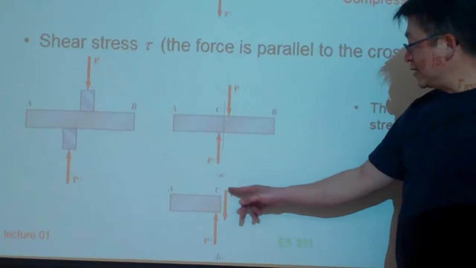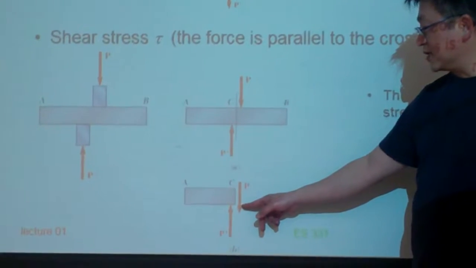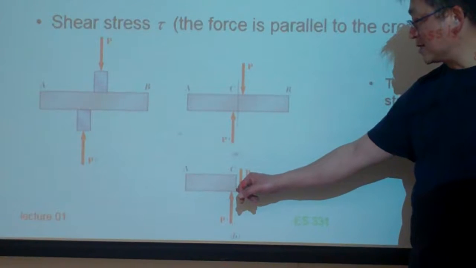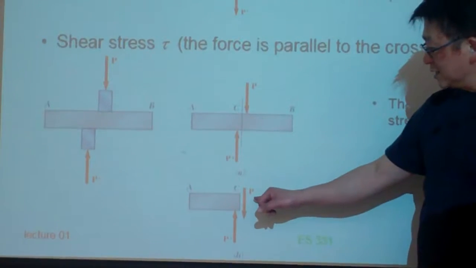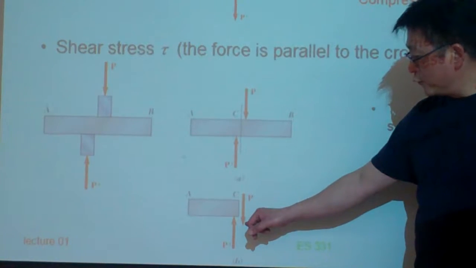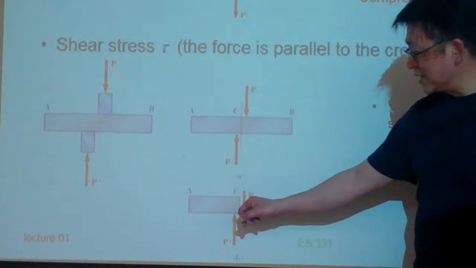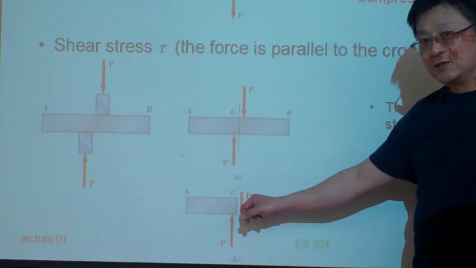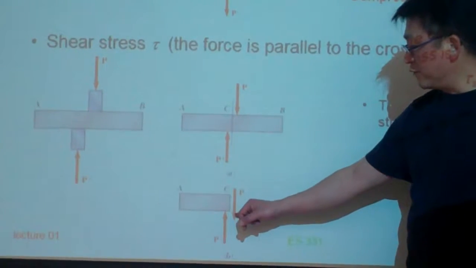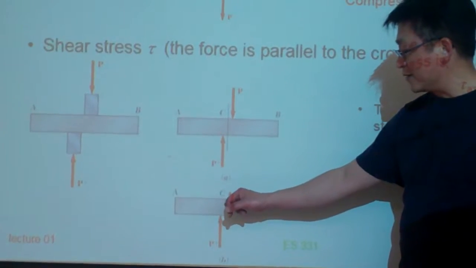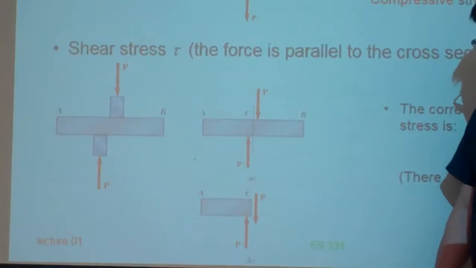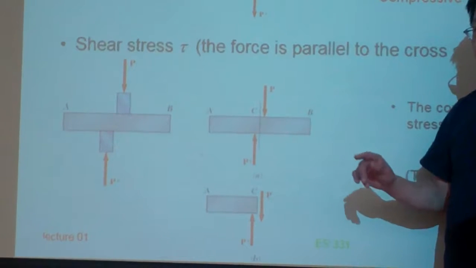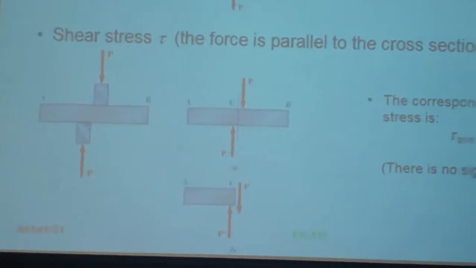So this is the induced reaction force in this cross section. Now we come to our key concept. You can see this reaction force is parallel to the cross section. As long as any internal force or reaction force is parallel to the cross section, this force will induce the shear stress. That is pertaining to our original definitions.